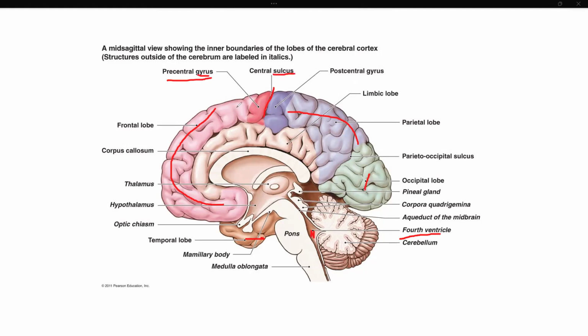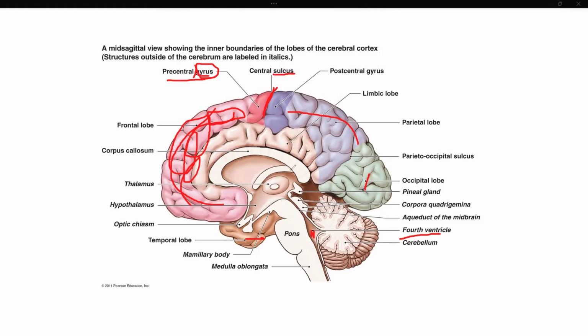Like your intestines, you have folds looking just like this, but in the brain they're a little bit different. The folds are known as the gyrus, and the grooves, the gaps between the folds, are known as the sulcus.